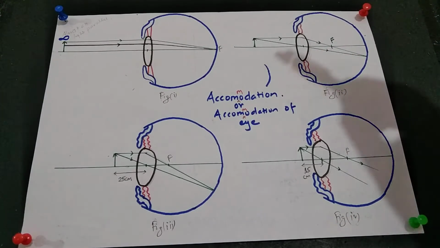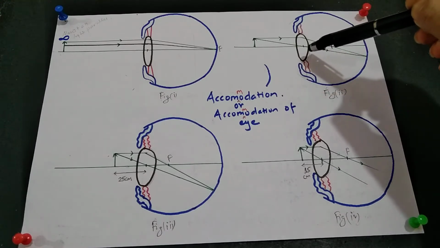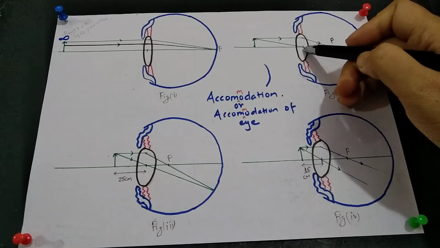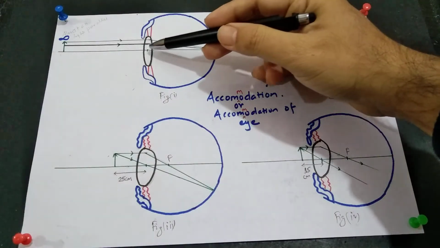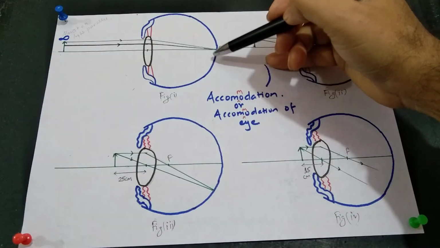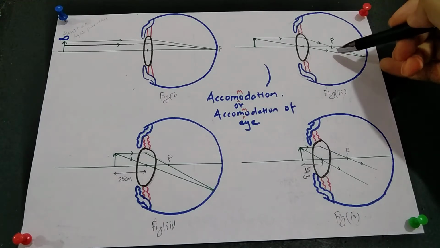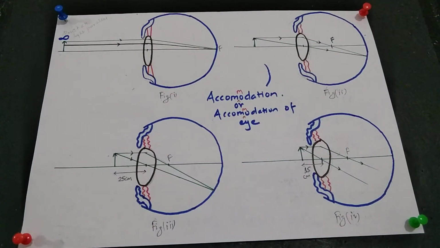Lens curved means its focal length decreases. Focal length means the distance from the optical center to the focus, and that distance now decreases. Here the focal length, from here to here, the distance is greater, but here the focus has shifted from the retina to this point as the object approaches the lens.